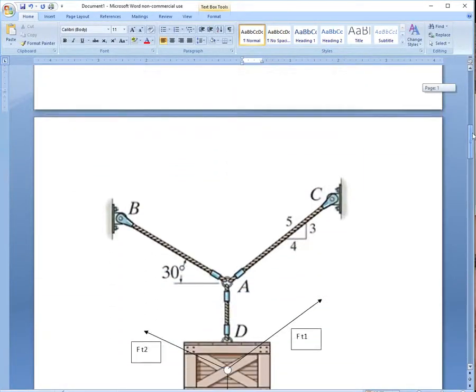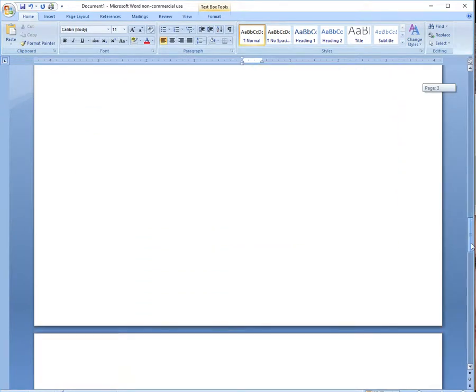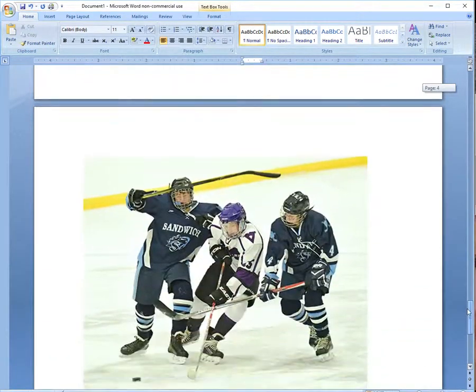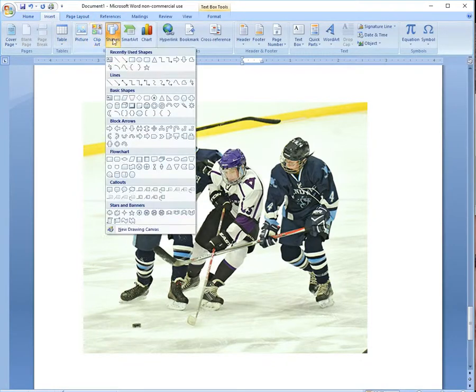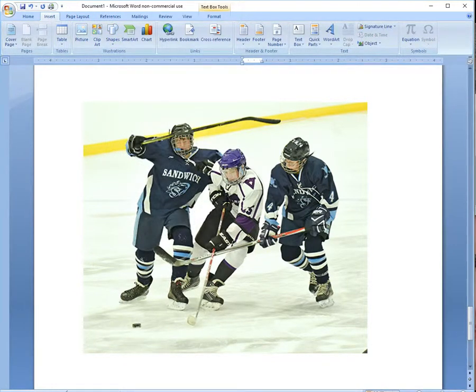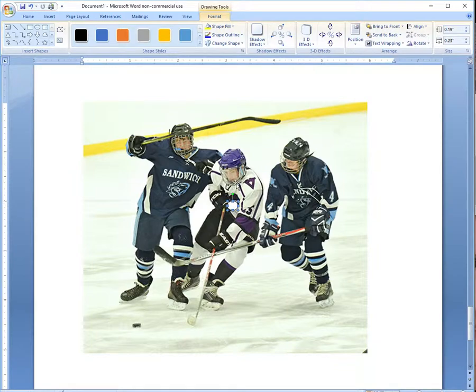So an example would be, boom. There's a picture of one hockey player being hit by two hockey players. So if we turn this into our free body diagram, this hockey player is going to be the middle.